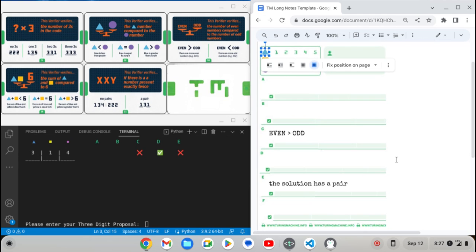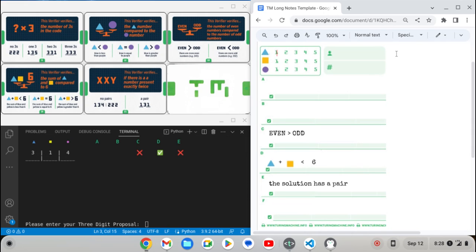And that is that triangle plus square is less than 6. Okay, so what does that tell us about triangle or square if the sum is less than 6?